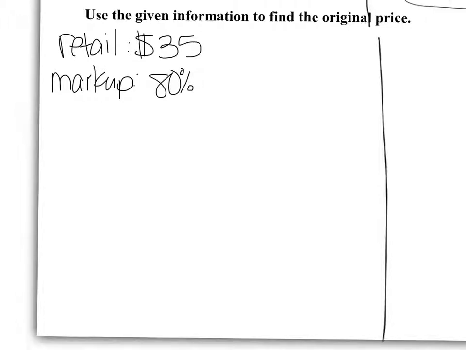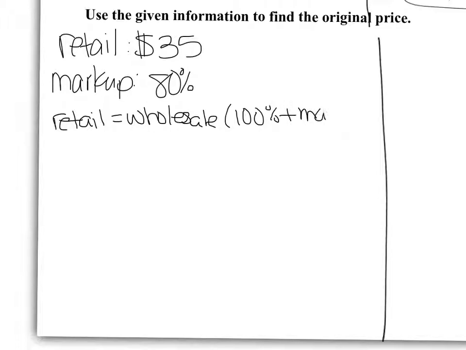Okay, if you look up at your formula above, hopefully you notice that we're going to use the second one, where it says retail equals wholesale times 100% plus my markup.